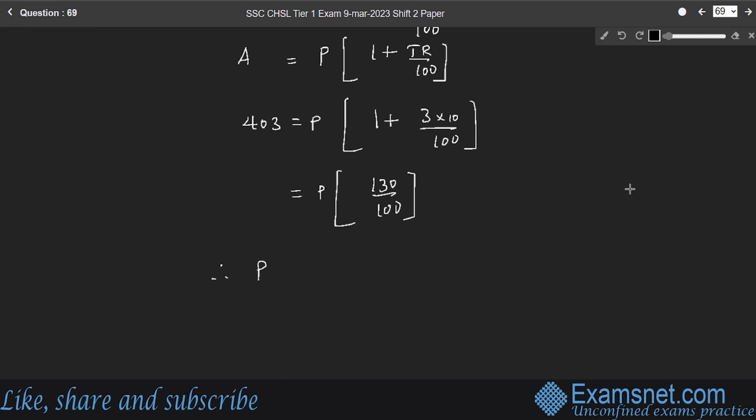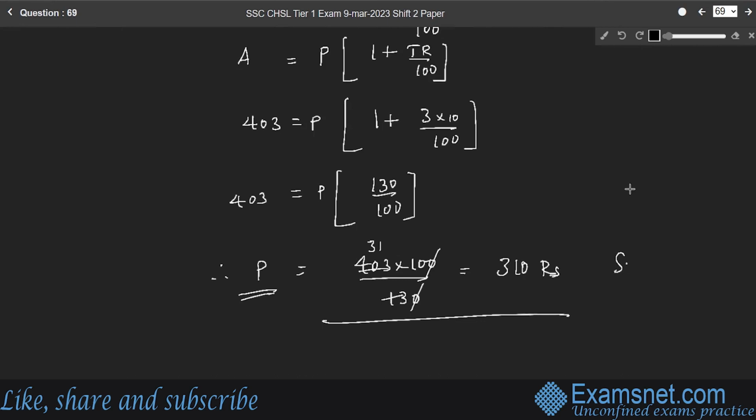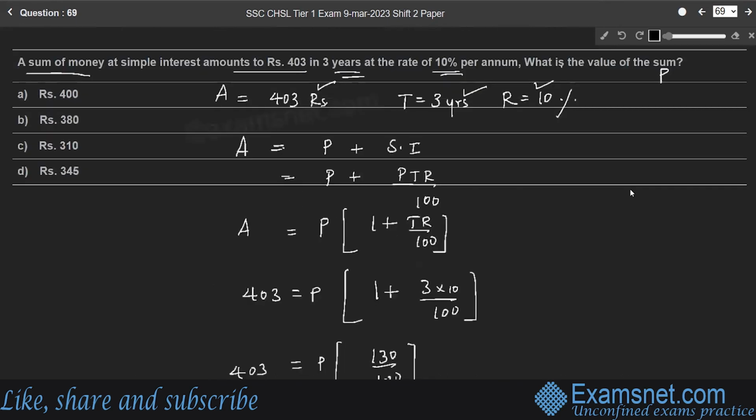Therefore, P is equal to, so here LHS is 403. So 403 into 100 by 130. Right? We'll cancel 1 0. So 13 into 3, 39, 13 into 1. Therefore, it is 310 rupees is the sum or the principal, right? Therefore, sum is 310 rupees, option C.